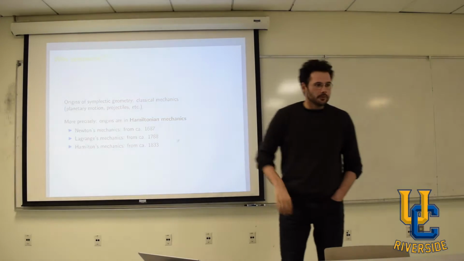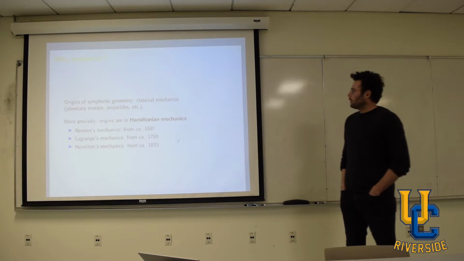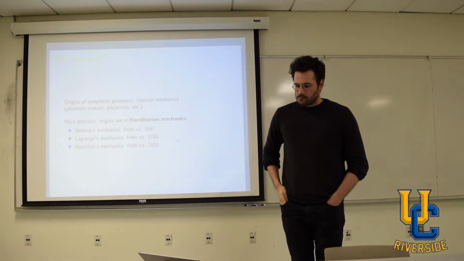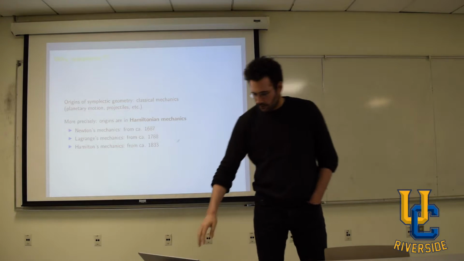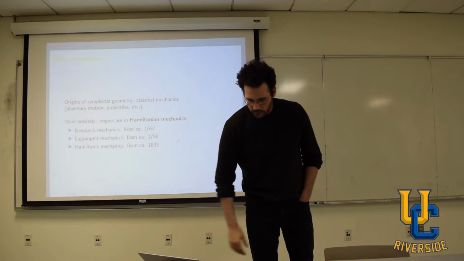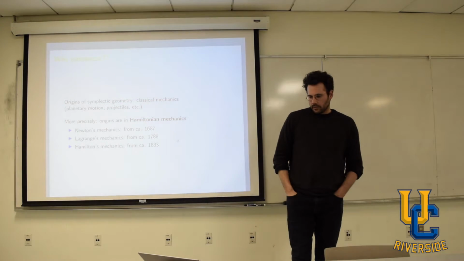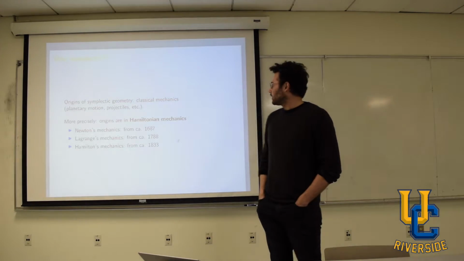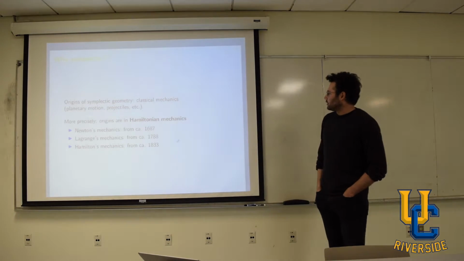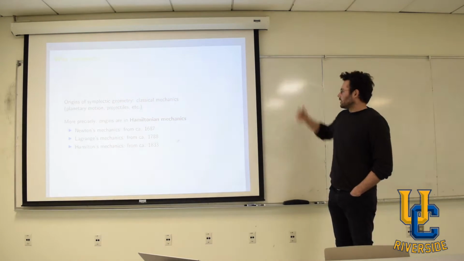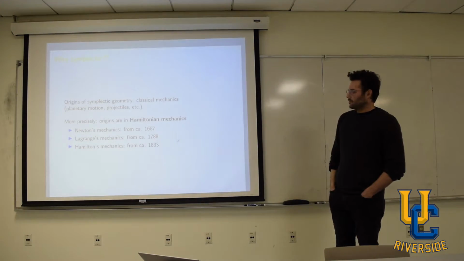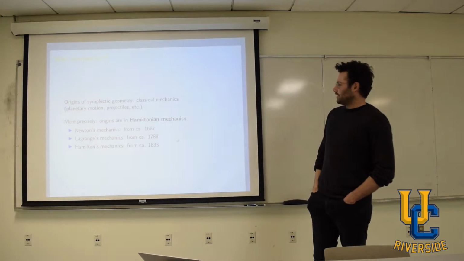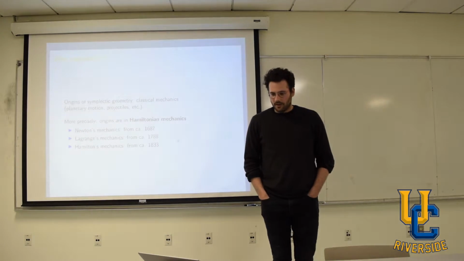Okay, so here we go. This is a very quick background sketch of how symplectic geometry arose from classical mechanics, and in particular Hamiltonian mechanics. For those who didn't study mechanics at any point, there's Newton's mechanics at the beginning, when he invented calculus and wrote down his laws.